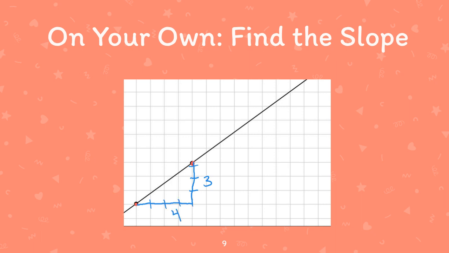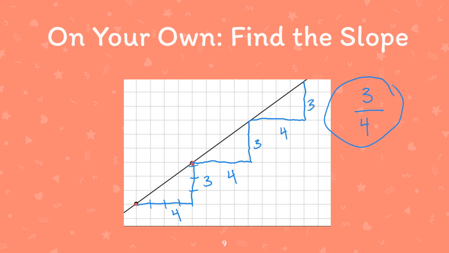So your slope should be 3/4. Now that means if I go over 1, 2, 3, 4, and up 1, 2, 3 again, I'm still on my line. I could keep doing that because my slope is always the same.